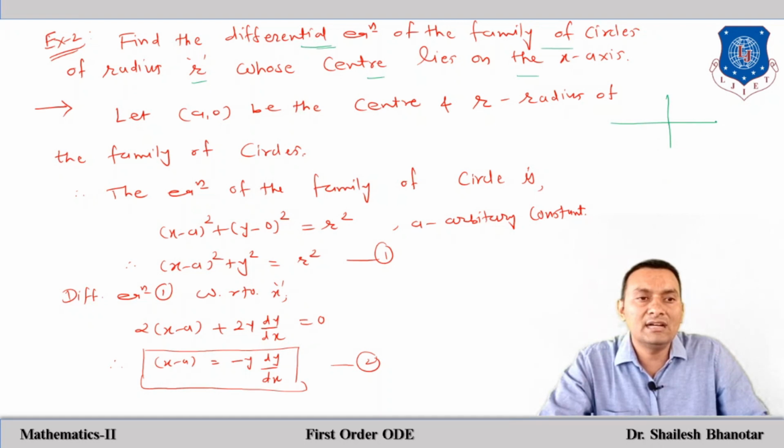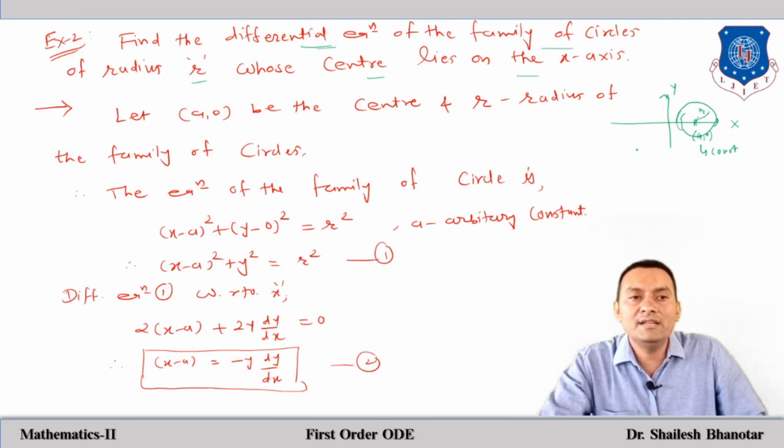This is our x-axis, this is the y-axis, center on the x-axis. It can be a comma 0 or b comma 0. The radius can be 1 comma 0, 2 comma 0, 3 comma 0, but we are going to consider the general form where a is any constant and r is the radius.